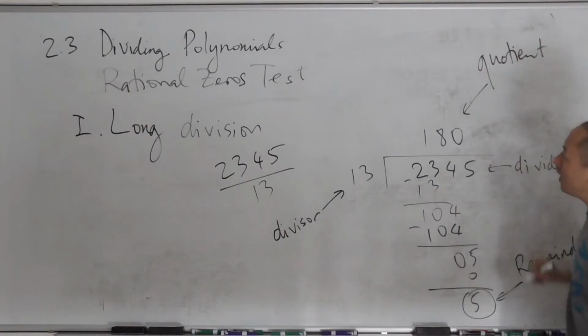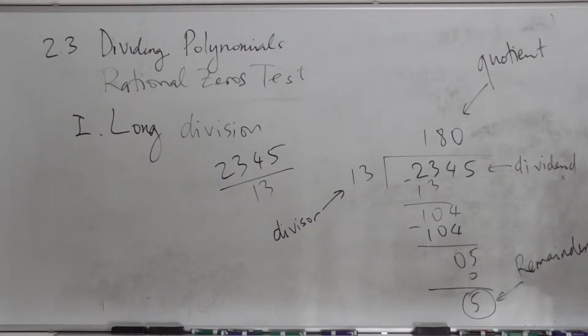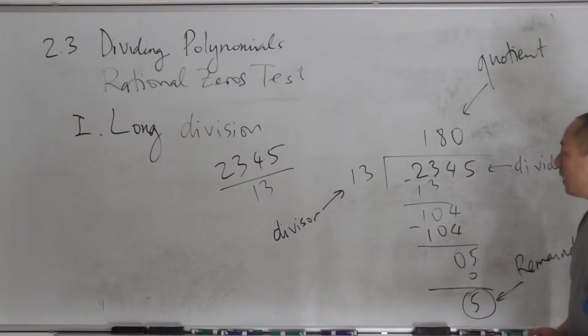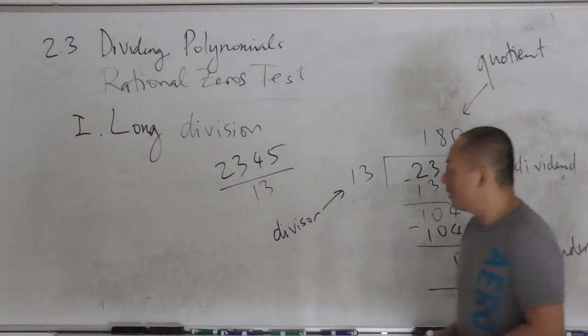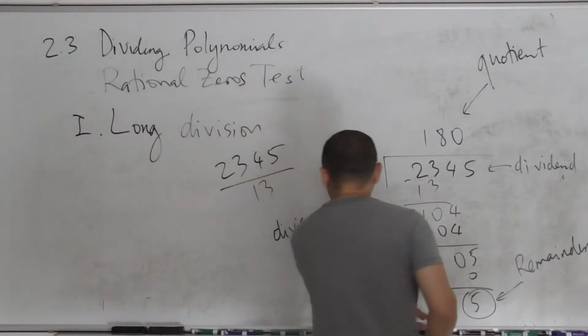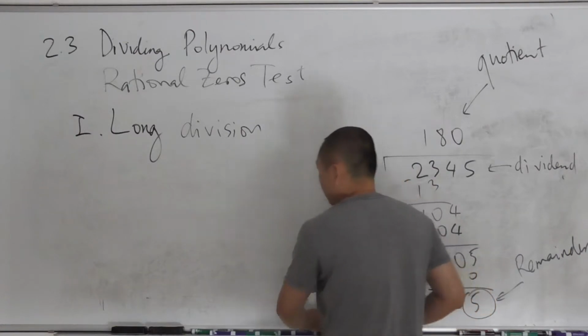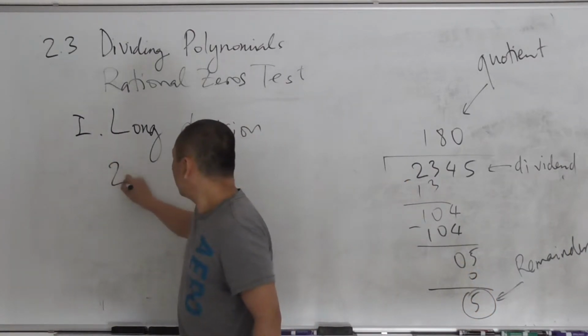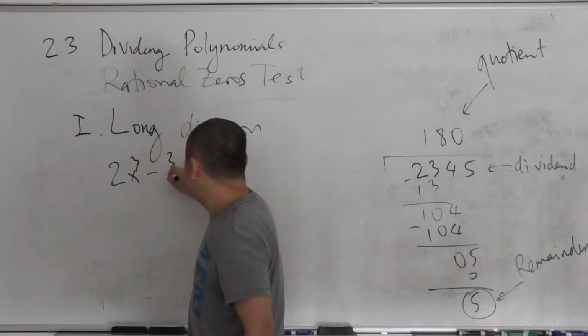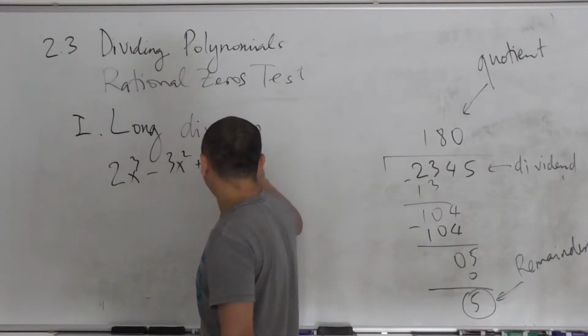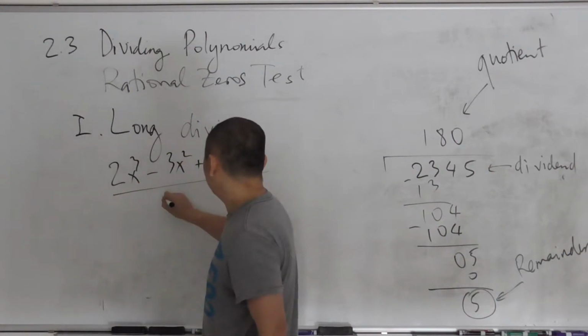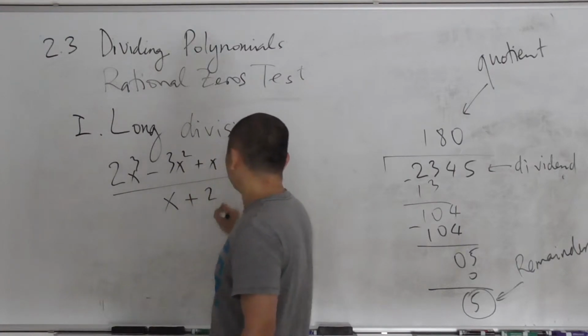Okay, now in this section, we're going to do long division, but instead of working with numbers, we will be dividing into a polynomial. So what we're going to work on is something like 2x cubed minus 3x squared plus x minus 1 divided by, say, x plus 2.